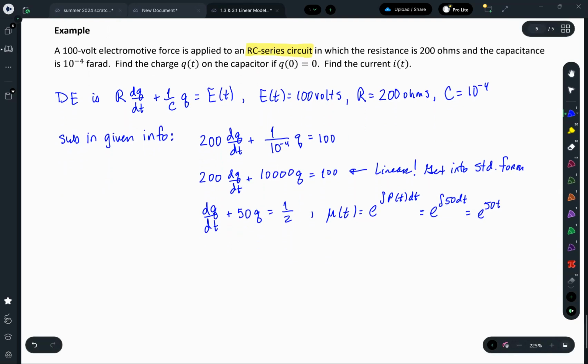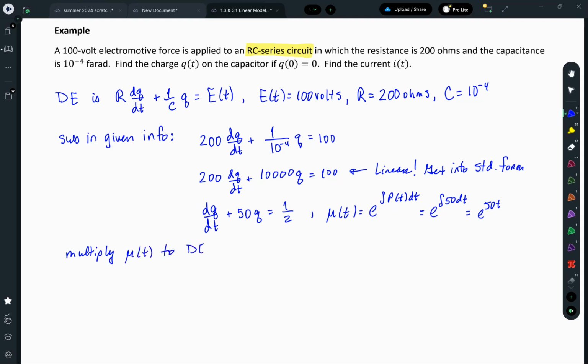So I'm going to multiply mu of t through the ODE, and then I have e to the 50t dq dt plus 50 e to the 50t q equals 1/2 e to the 50t.